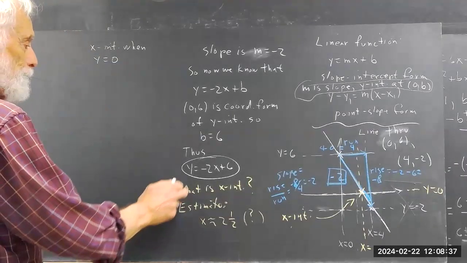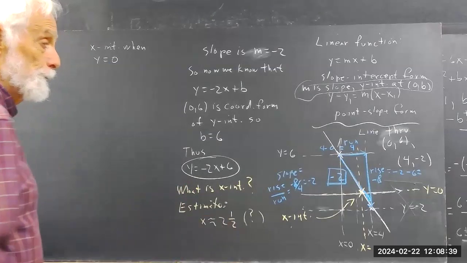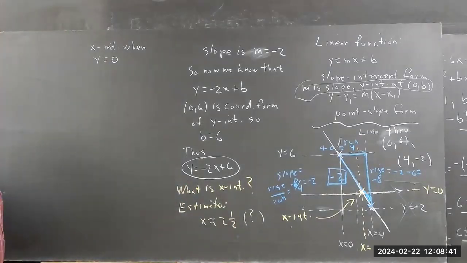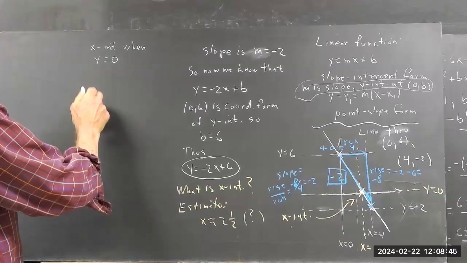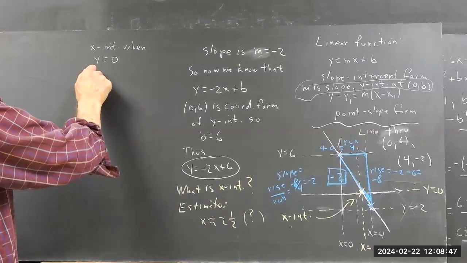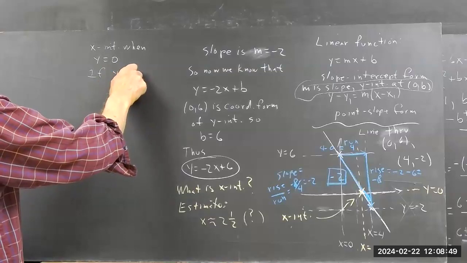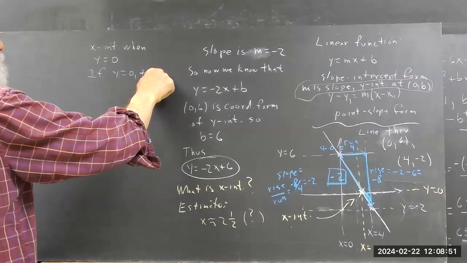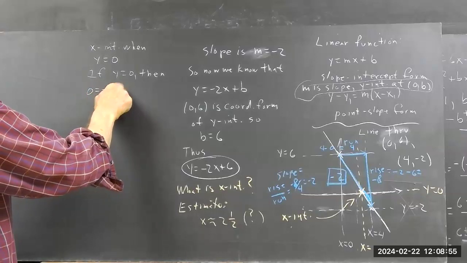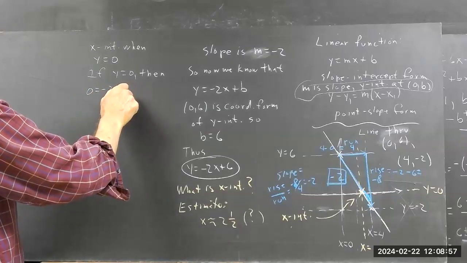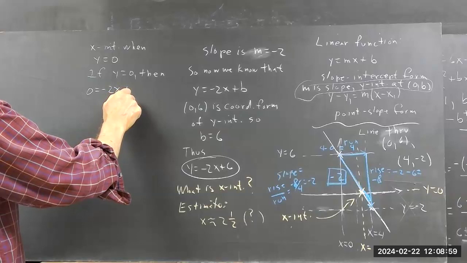We're trying to find the x-intercept. We estimated that it's 2.5. So we say, well, okay, y equals 0. Now, according to the equation, 0 equals negative 2x plus 6.